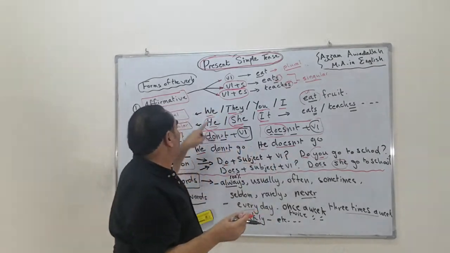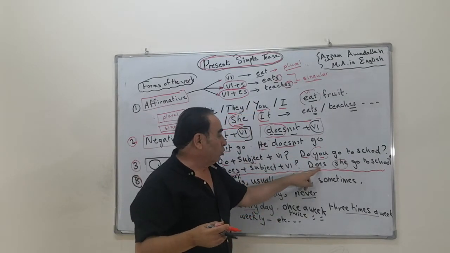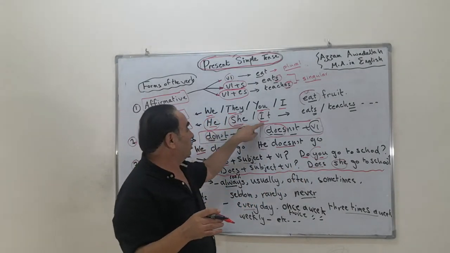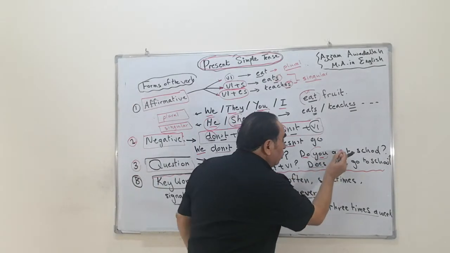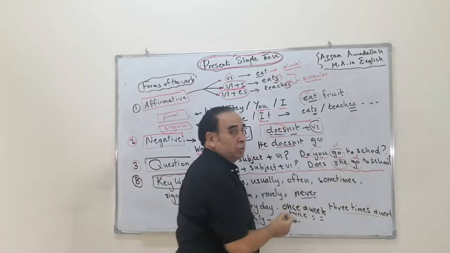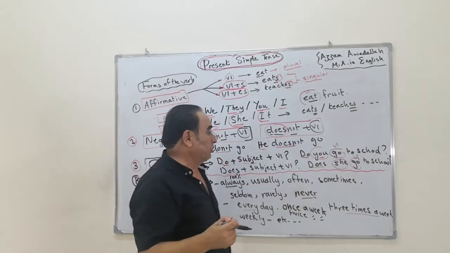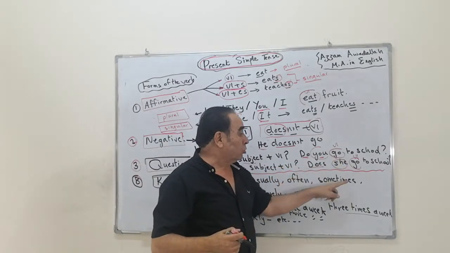So we use do for the plural, more than one: do we, do they, do you, do I. And we use does for singular: does he, does she, does it, etc. After do or does, we put verb one. Do you go to school? Does she go to school?